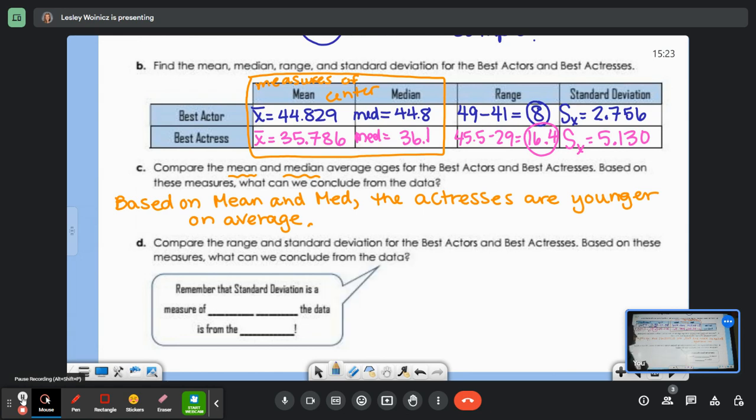Okay, let's look at the next one, which says, now we have to compare the range and standard deviation for the actors and actresses, and then make a conclusion. So these are our measures of spread.